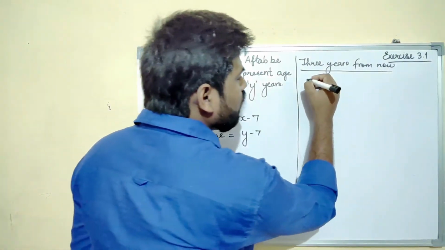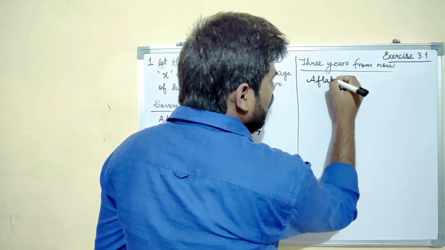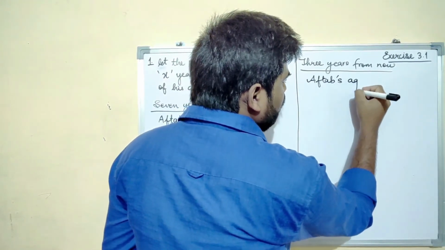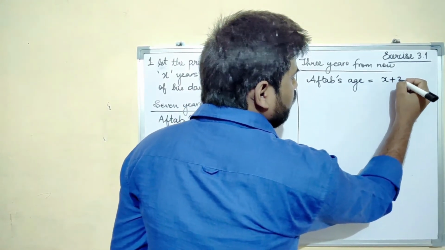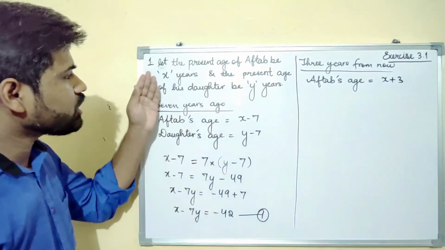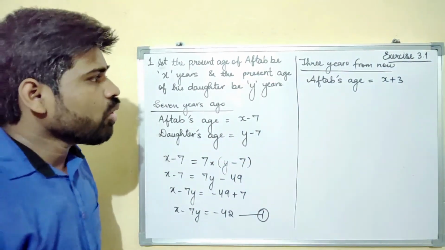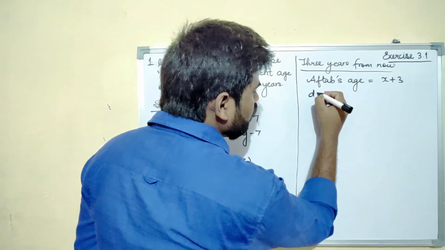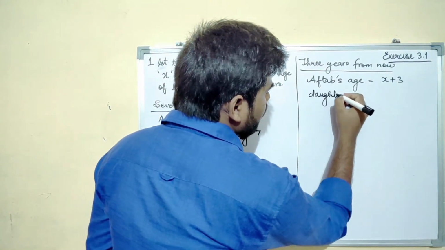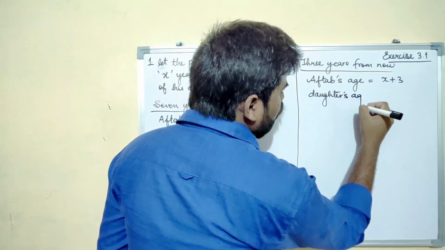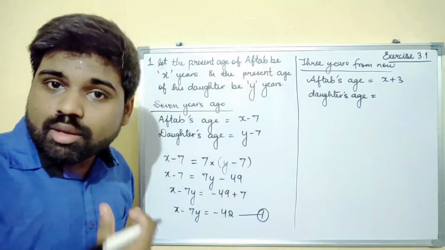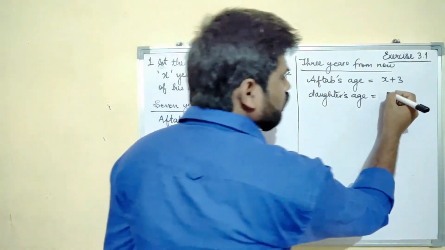So what will be Aftab's age? Aftab's age will be x plus 3, because currently his age is x. What will be his daughter's age? It will be y plus 3, right?